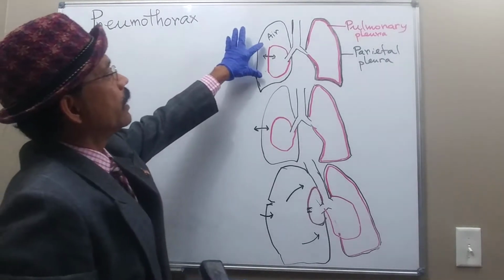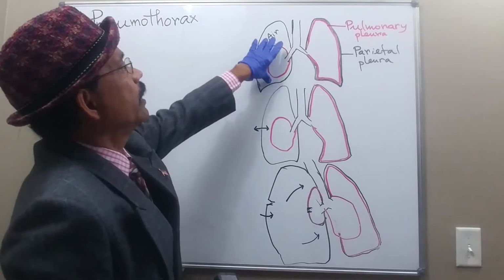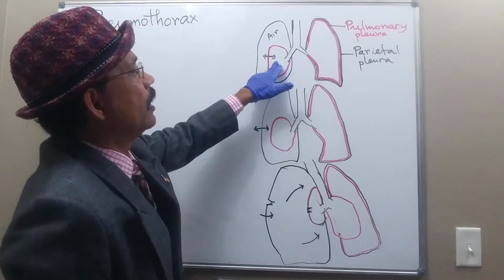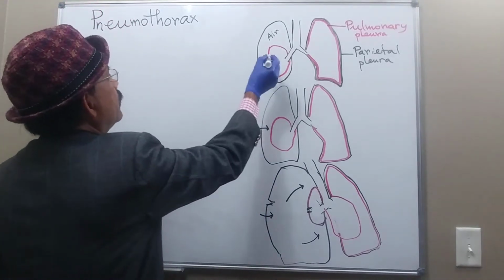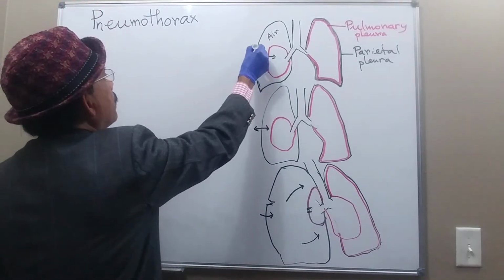So here there is pneumothorax. Here air is here. This is the lung. This is the pulmonary pleura. This is the parietal pleura.